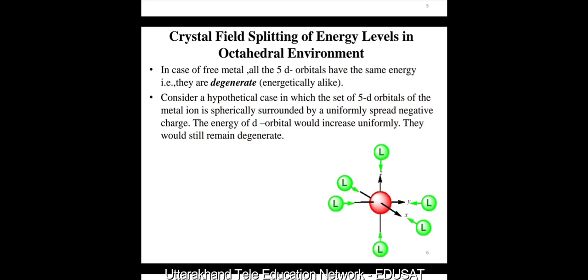The electrostatic repulsion between d electrons of the metal orbitals and the orbitals of the ligand would result in a uniform increase in the energies of the d orbitals. In other words, although the orbitals acquire high energy, they would still remain degenerate.